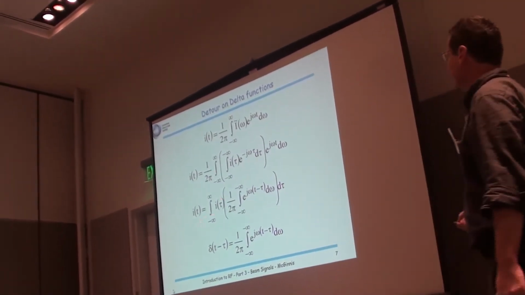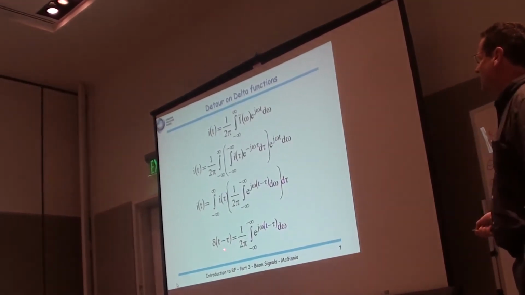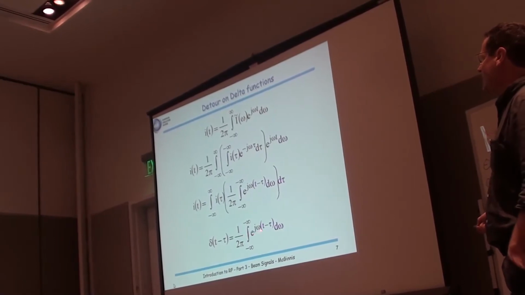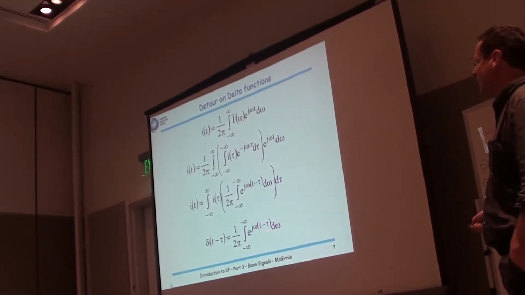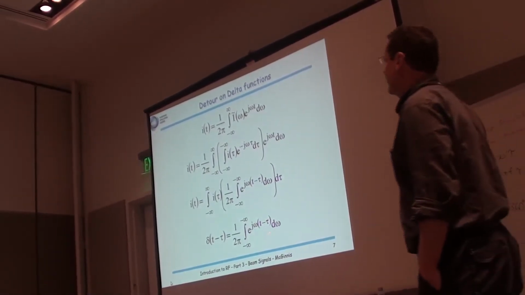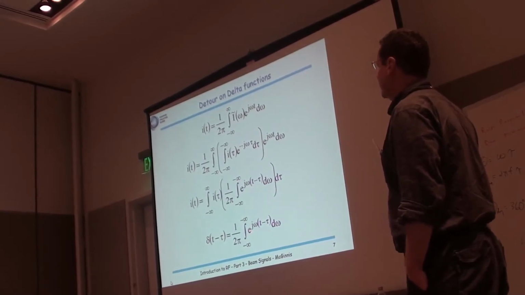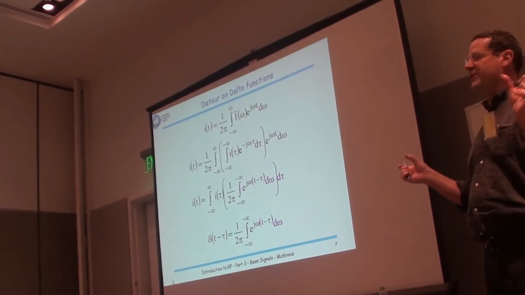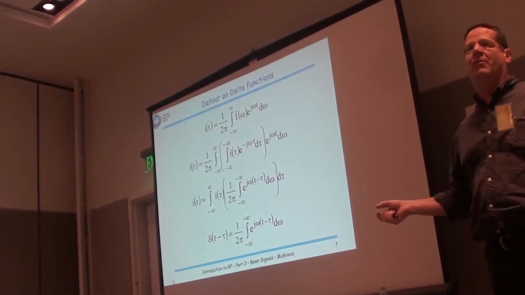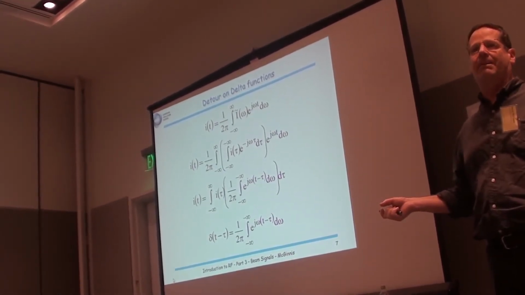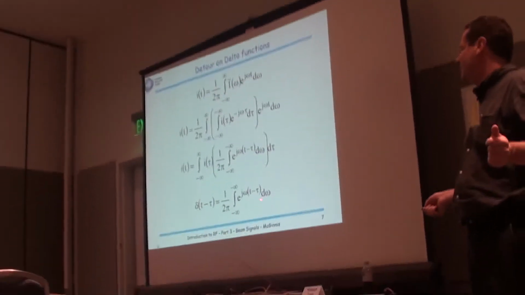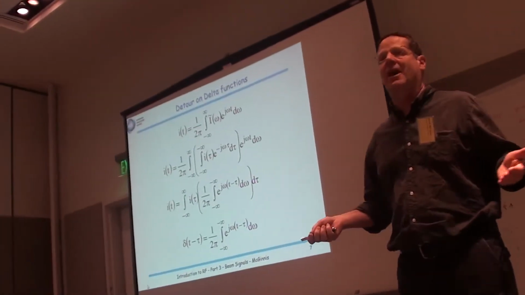So here you can see the delta function, delta of t minus tau, is 1 over 2 pi times the integral of e to the j omega (t minus tau). If you wanted to ask what this means, it means that if I take two frequencies that are different and average them over a very long period of time, they cancel out, right?